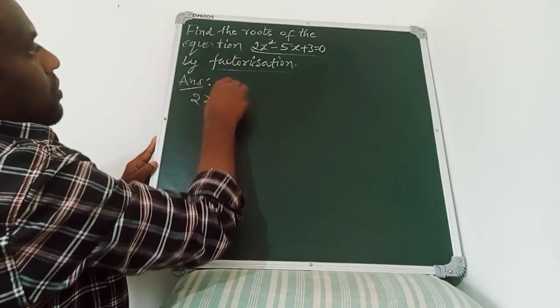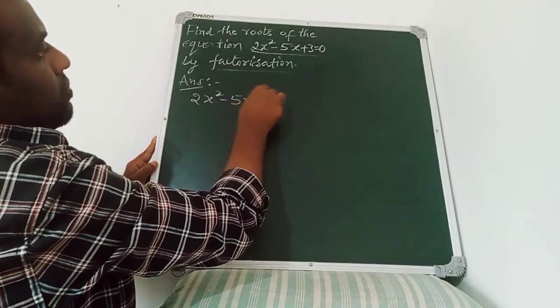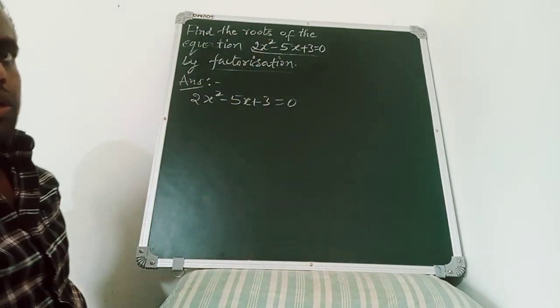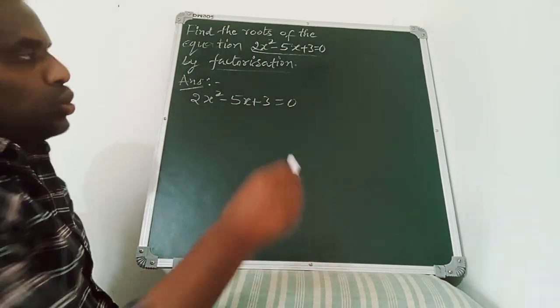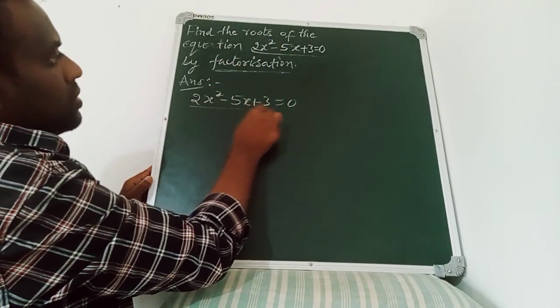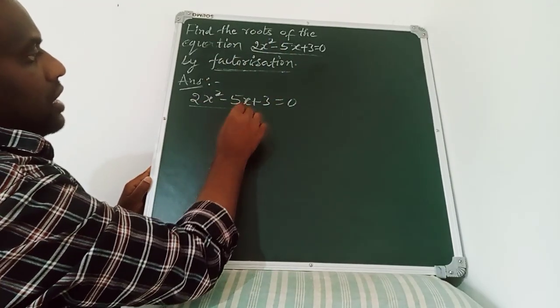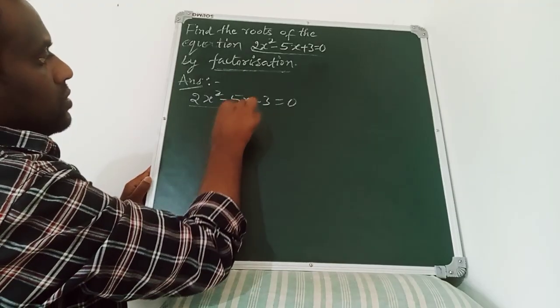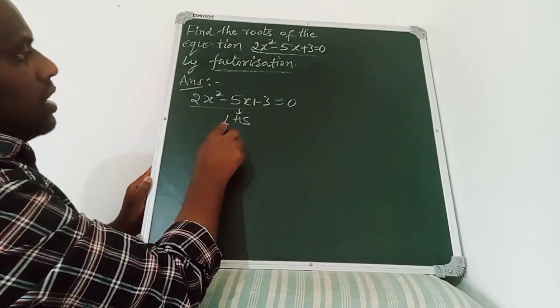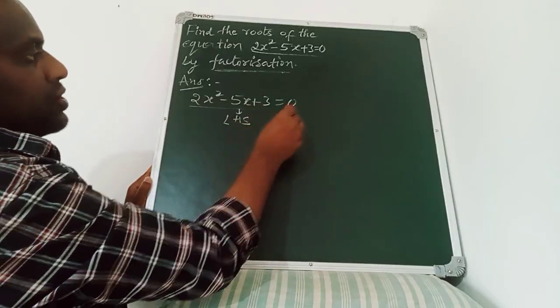So 2x square minus 5x plus 3 is equal to 0. Now because we have to do factorization, take this one. Okay, this is LHS. LHS means left hand side expression.